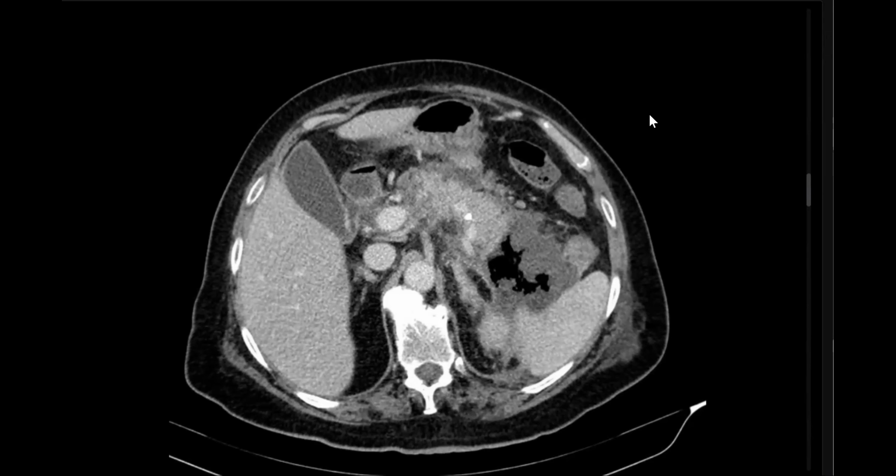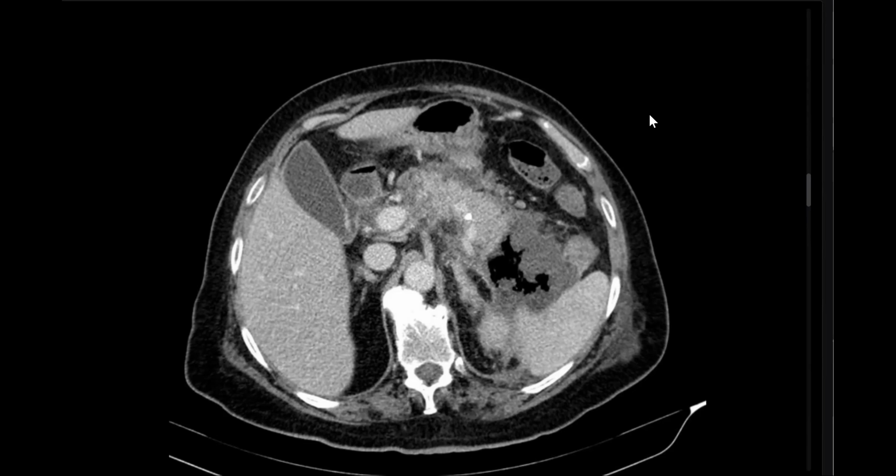Okay, very good. So a question here, how to differentiate between infected necrosis and pancreatic abscess? In infected necrosis, first of all, there should be a pseudocyst or a collection and a superadded infection. It is called necrotic abscess.